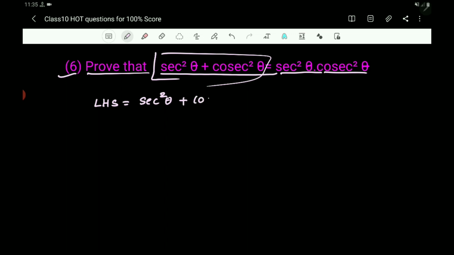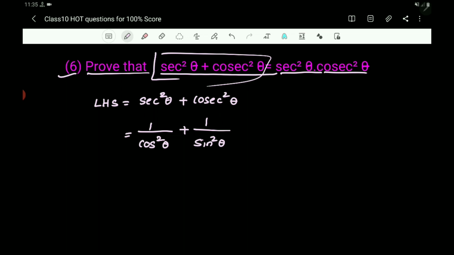plus cosecant square theta. You know that sec² theta is the reciprocal of cos² theta. So write, it is 1 by cos² theta plus cosec² theta is 1 by sin² theta.